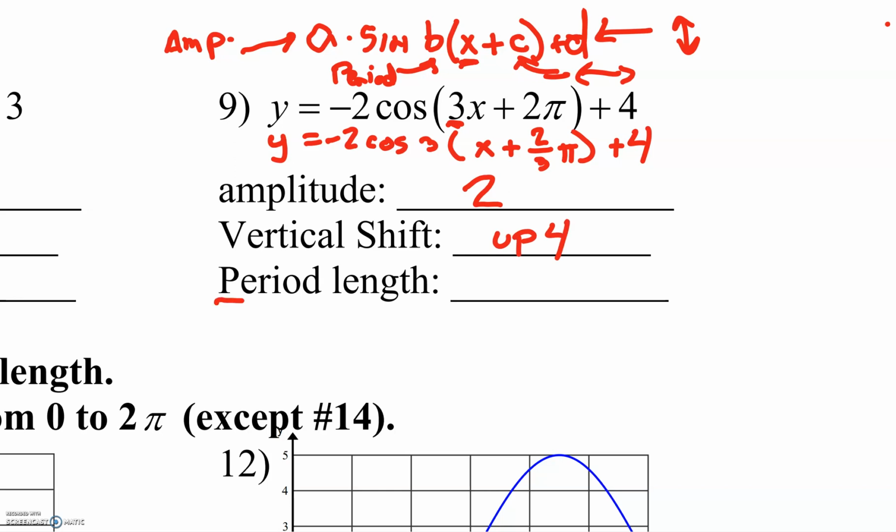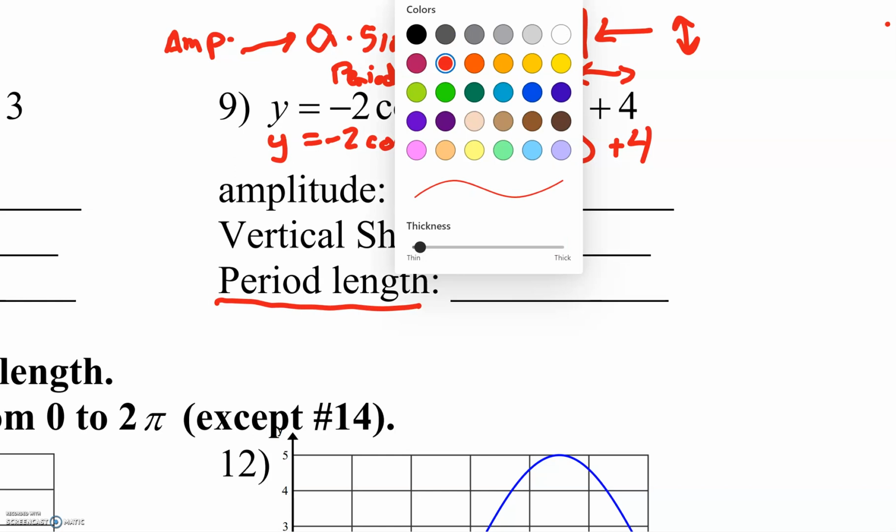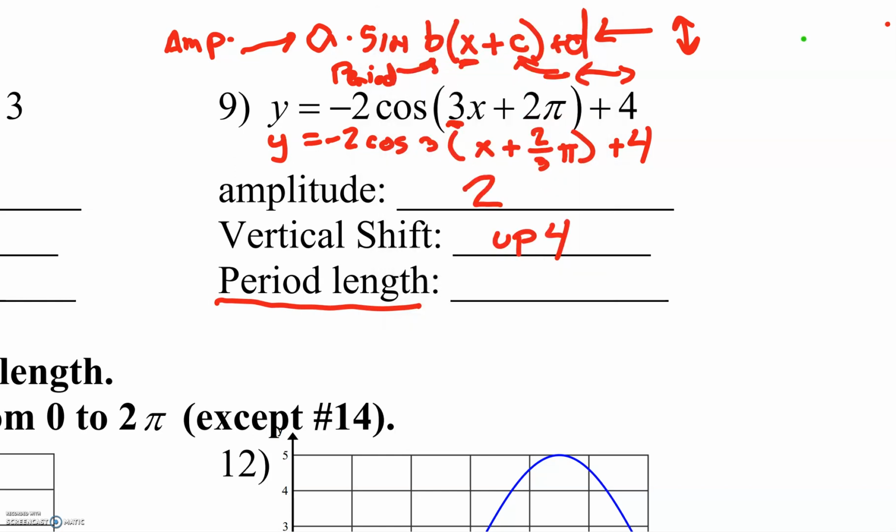Now, period length. This is what people tend to have a little bit of trouble with. This 3, what it tells me is, normally there's one cosine graph inside of 2 pi. This 3 means that there's 3 of them.